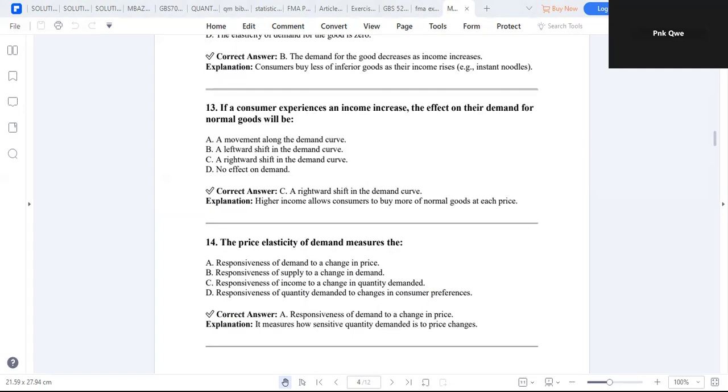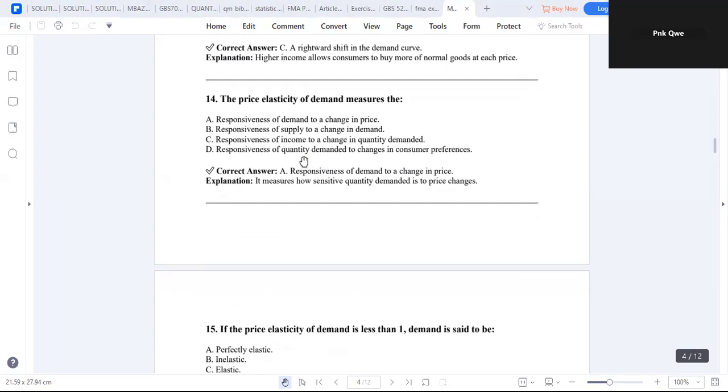When salaries increase, people buy more branded clothes, smartphones, organic food. So income will cause a shift, unlike prices, which cause a movement along the curve. So if income increases, the demand for a normal good will shift to the right. Is that clear? So the answer is C. I hope it's making sense.